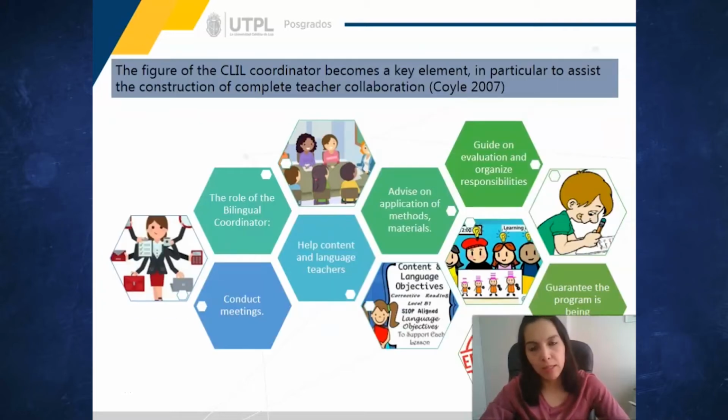More precisely, his or her activity is essential for the organization of a structure of collaboration between language and content teachers at the same time. Among other responsibilities, the bilingual coordinator will be in charge of arranging the work and responsibilities of all teachers.